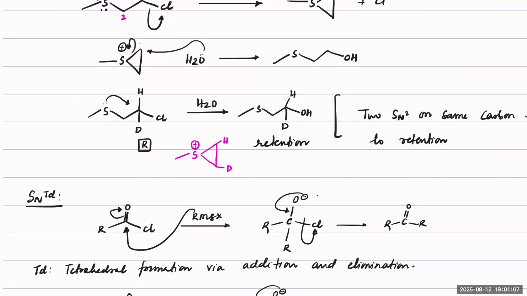Sorry, deuterium is also there. These two are H2. Here we have H and deuterium, and here we have two hydrogens. So this is carbon 1, 2 and 3. Okay? This is how it is.